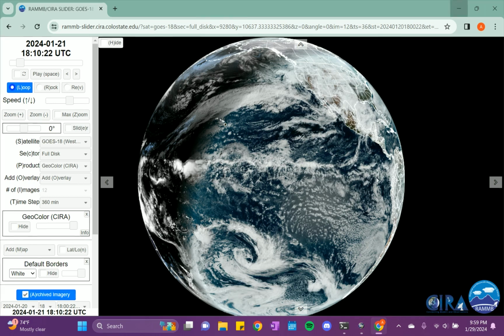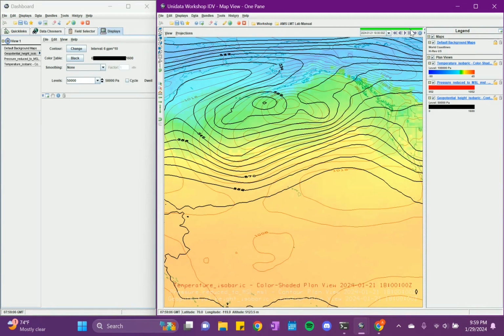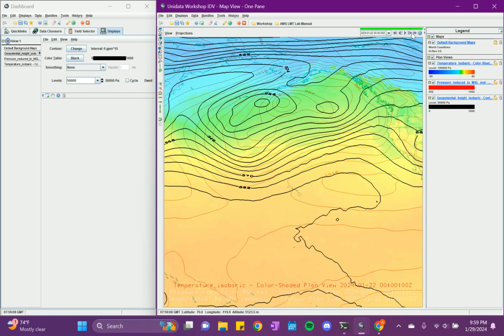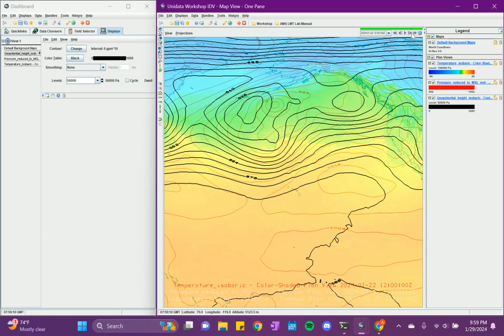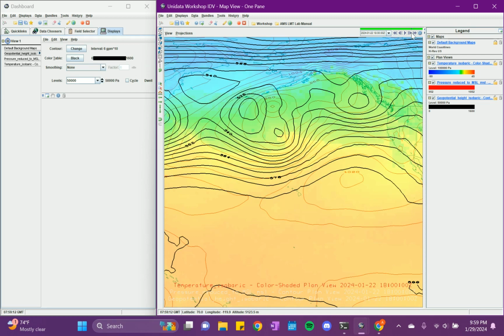Let's look back at the charts going forward another day. The trough has moved over to the north of Hawaii, and the subtropical high has pretty much stayed where it is.